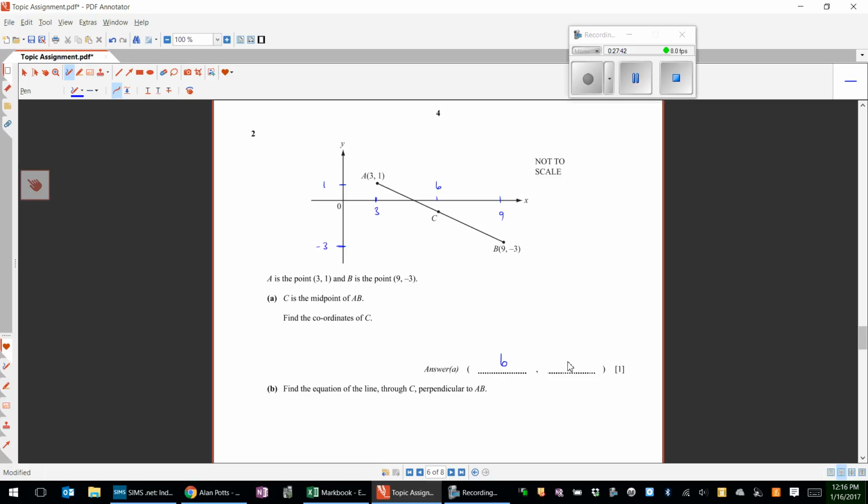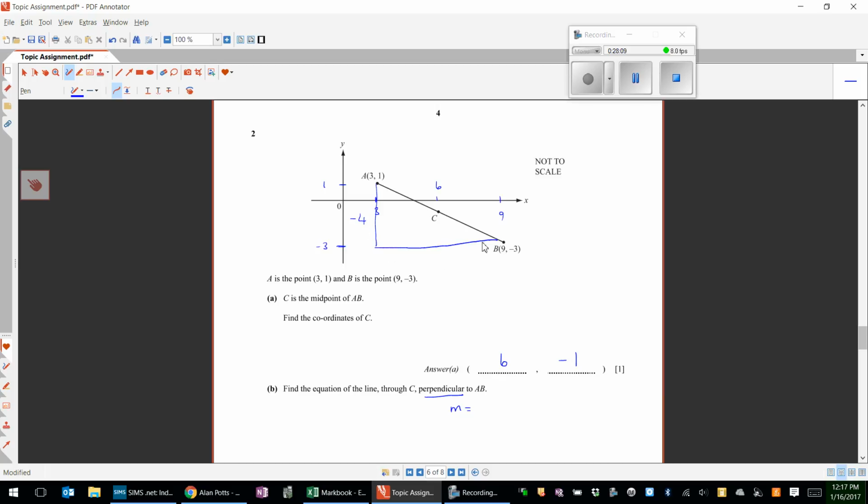As I said, let's not chat too much, let's get through this quickly. Find the equation of the line perpendicular to line AB. Again, perpendicular, so we need to know the gradient of this one. The gradient of the first line, because we put the values in our diagram, we can see that the drop is 4, so it's -4, and the run from 3 to 9 is 6.